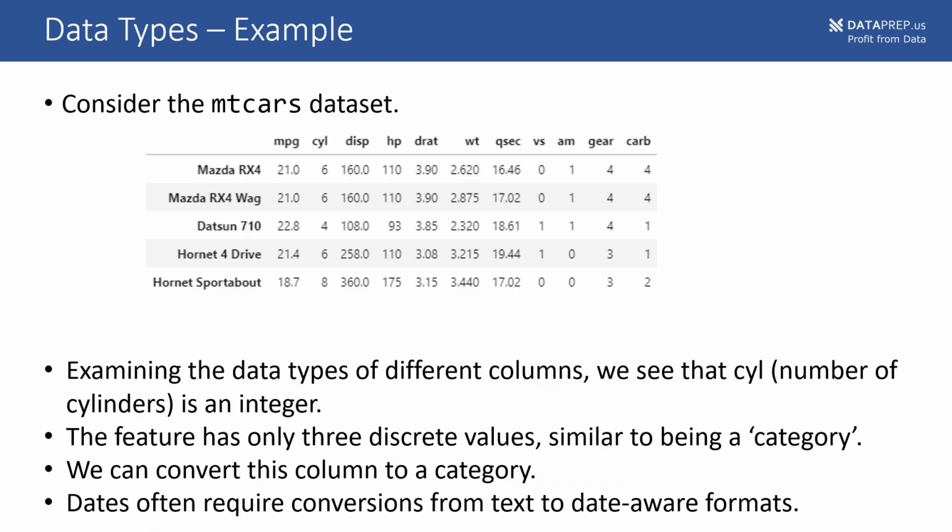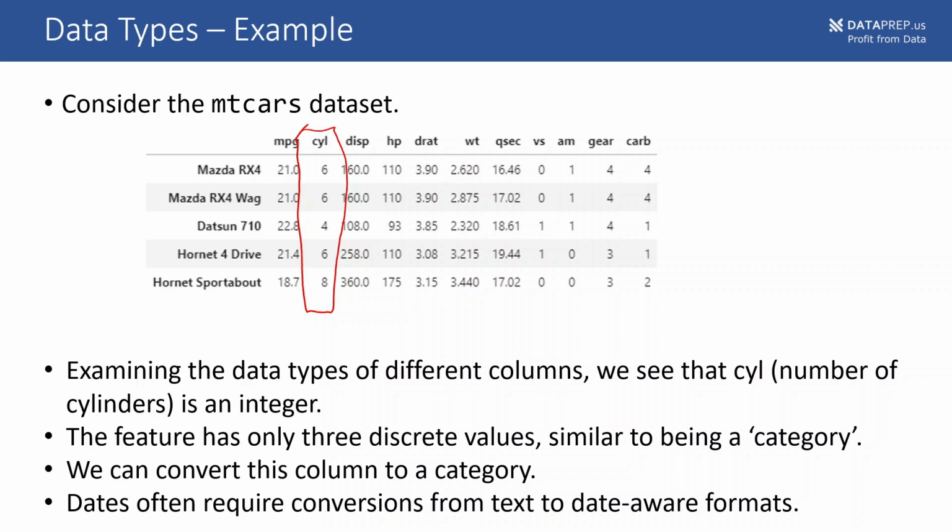So consider the mtcars data set. Now, if you look at some of these columns, say for example, let's look at cylinders. We find that there are three types of cylinders. There are 4-cylinder cars, 6-cylinder cars, and 8-cylinder cars. In some ways, cylinder, even though it appears here as a number, is not really a number. It is really a type of a car.